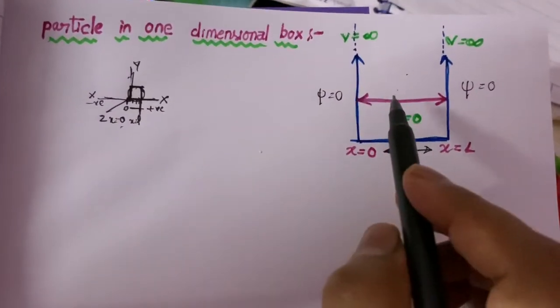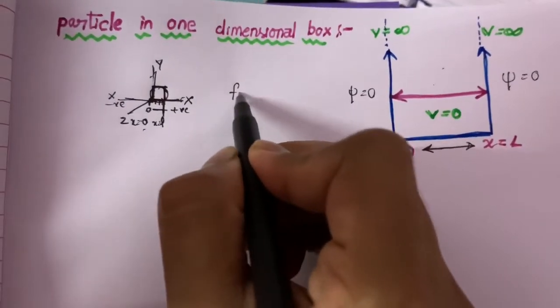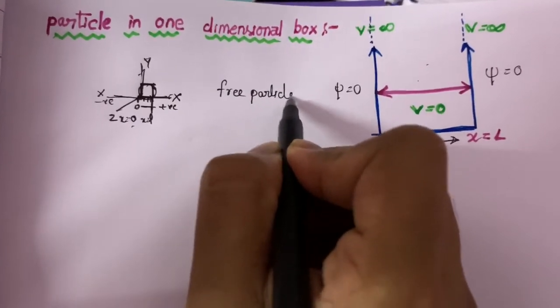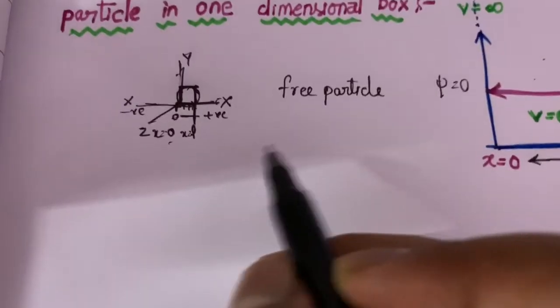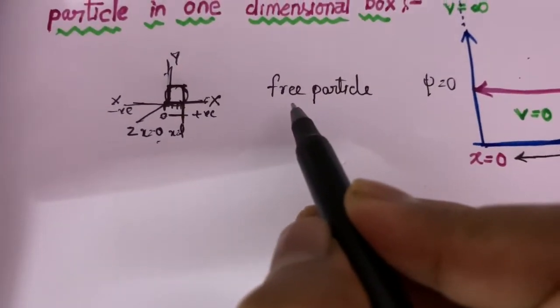So here the particle must be present inside the box, and we are going to consider a moving particle, that is, a free particle. What is meant by a free particle? A free particle means it is a single particle, so inside the box there is no other particle existing.